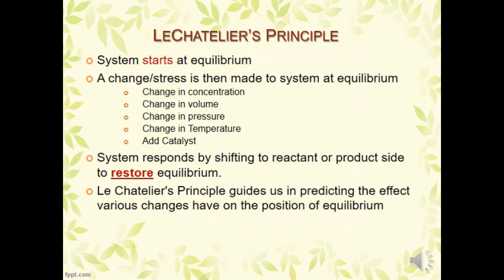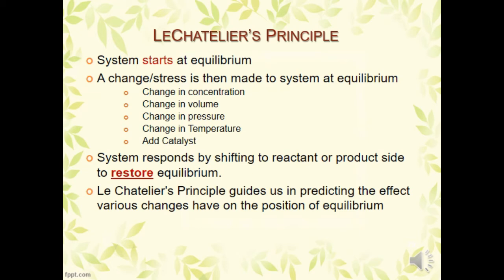So next we move on to Le Chatelier principle. What does Le Chatelier principle mean? It means that the system will respond by shifting to reactant or product when the equilibrium is disturbed.